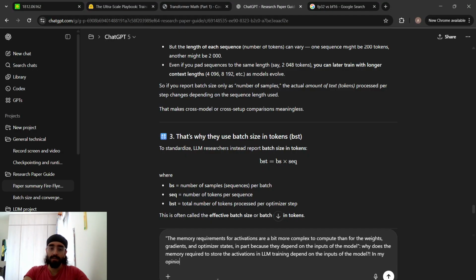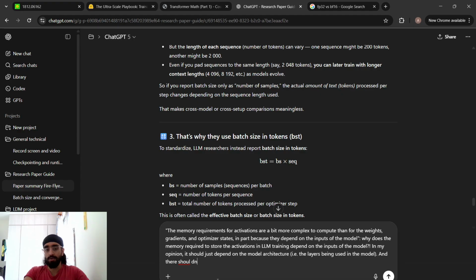In my opinion, it should just depend on the model architecture, that is the layers being used in the model, and it should not depend on the inputs, i.e. there should not be any input data dependency.